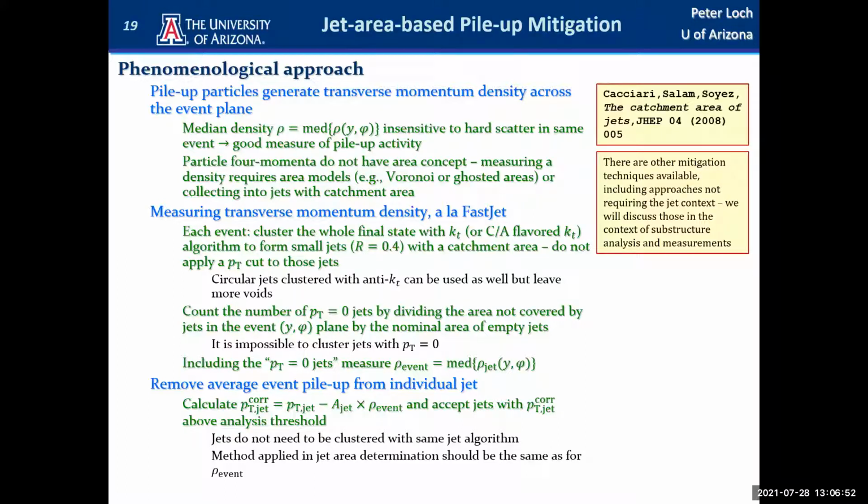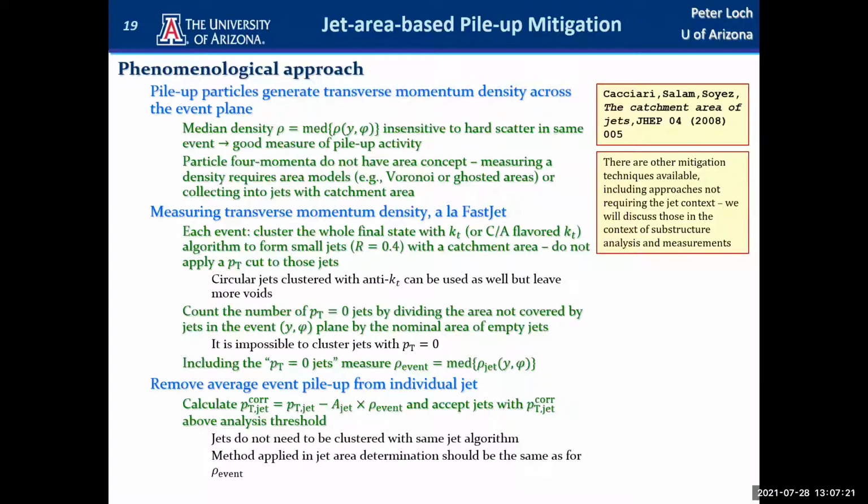So they thought about what pileup actually contributes to the event. One of the things they thought about is, if you have a large number of particles scattered into your event plane, the transverse momentum density in this plane gives you some handle on pileup.